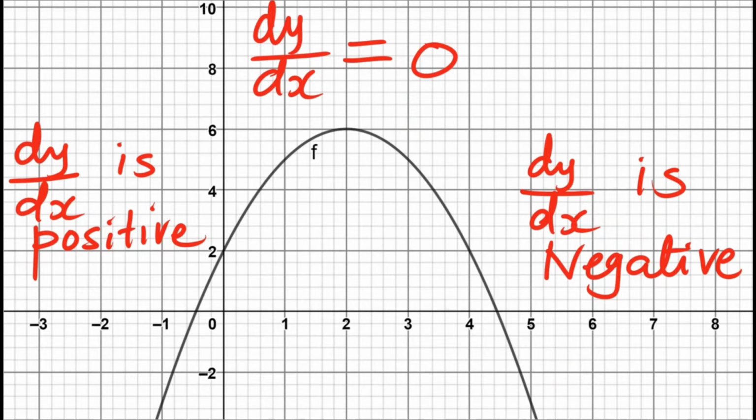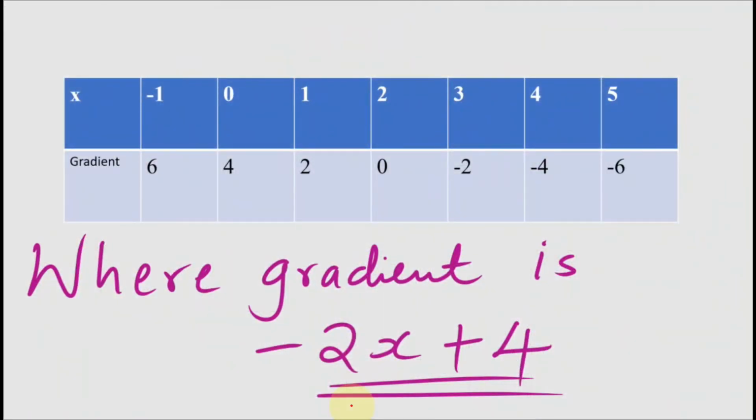You can see this clearly from the table of values. So this is the point where the gradient is 0. To the right, the gradient is negative. Then to the left of that point, the gradient is positive. Very important to note that.